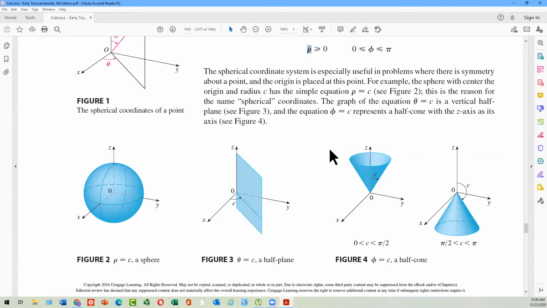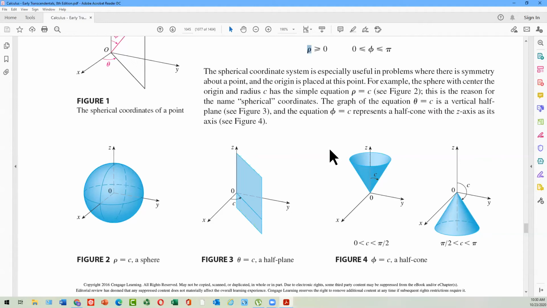The angles don't matter, because you'll use every combination of angle you could think of. If you wanted a plane that goes through the origin, and it has to go through the origin, its equation is theta equals a number, like theta equals pi upon 2, or theta equals pi upon 4, because the number represents the angle in the xy plane.